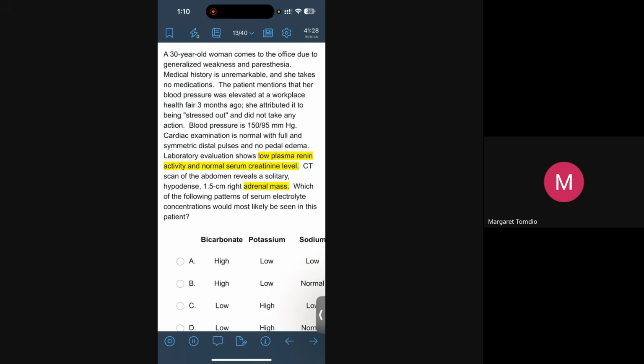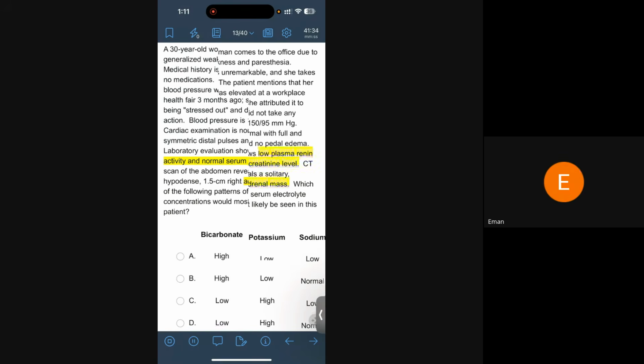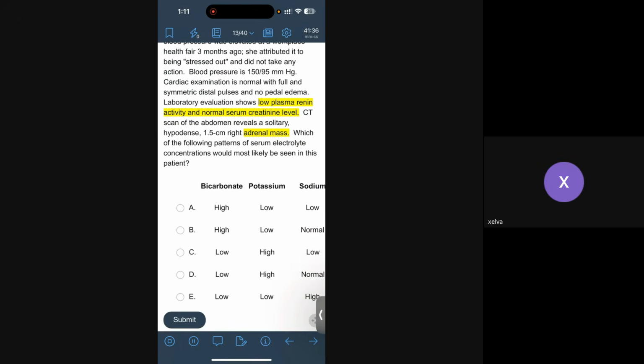What will happen to the potassium levels in high aldosterone? Low, hypokalemia. What will happen to the bicarb levels? It's going to be high, because of alkalosis.